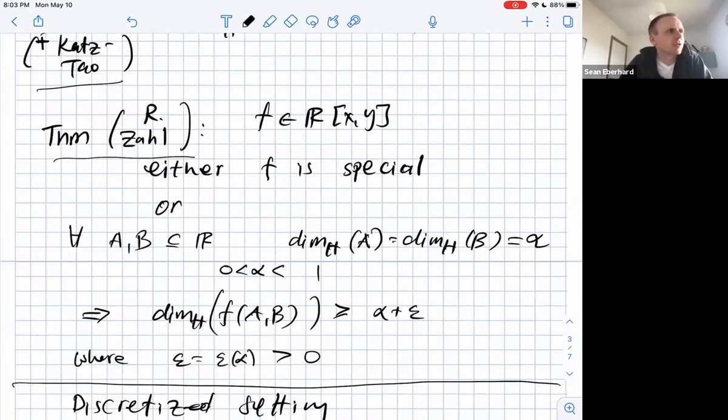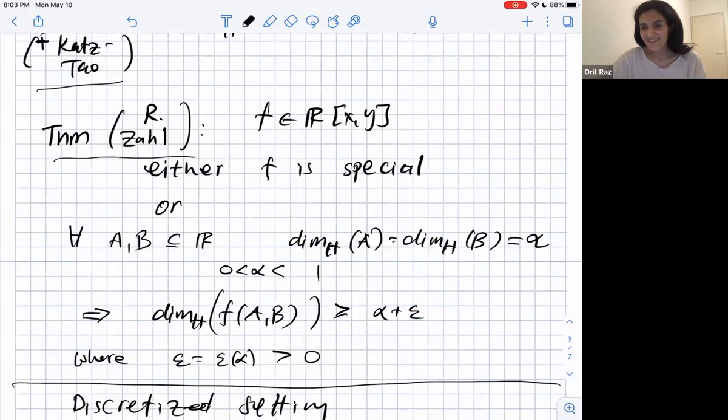Probably my question is contained in Yoshi's, but I was going to ask how this extends to more variables. Sorry? I was going to ask how it extends to more variables. Okay, I see. First of all, we didn't work out the details, so I'm not 100% sure, but I'm pretty sure that it will work, just because I'm familiar with the analog in the finite setting.